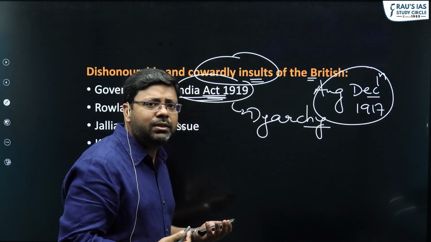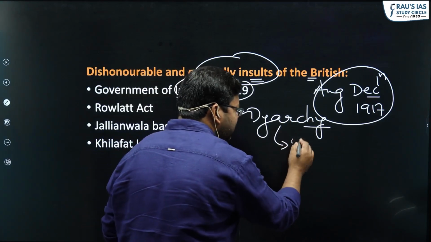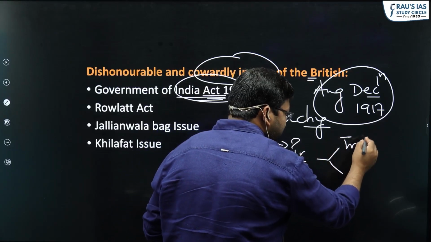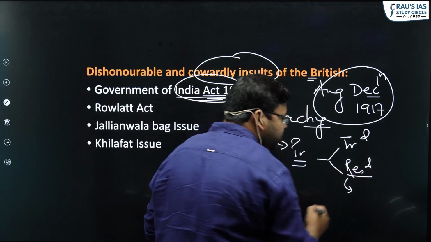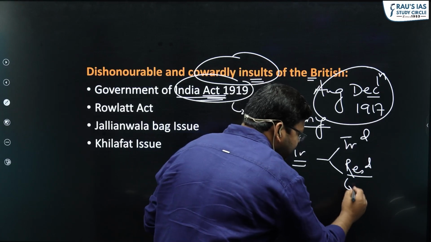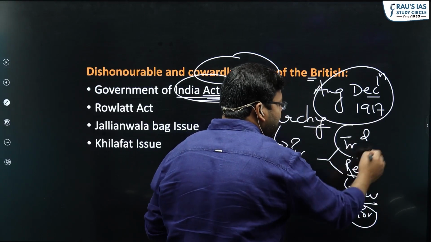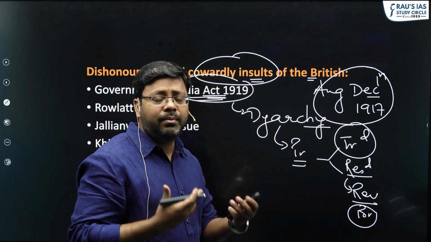So, what was the system of diarchy? Under the system of diarchy in provinces, the subjects were divided into two groups: transferred and reserved. The reserved subjects were very important, like revenue, and they had to be controlled by the British. The transferred subjects were full of responsibility and more problematic to deal with.